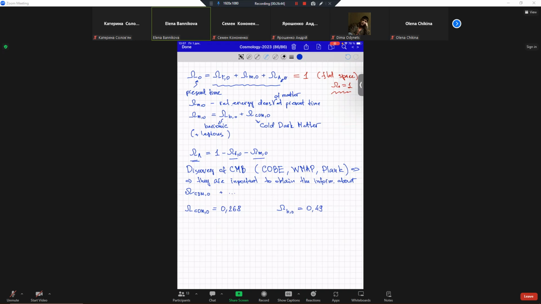By the way, a much larger contribution is given by intergalactic gas, the gas inside galaxy clusters.